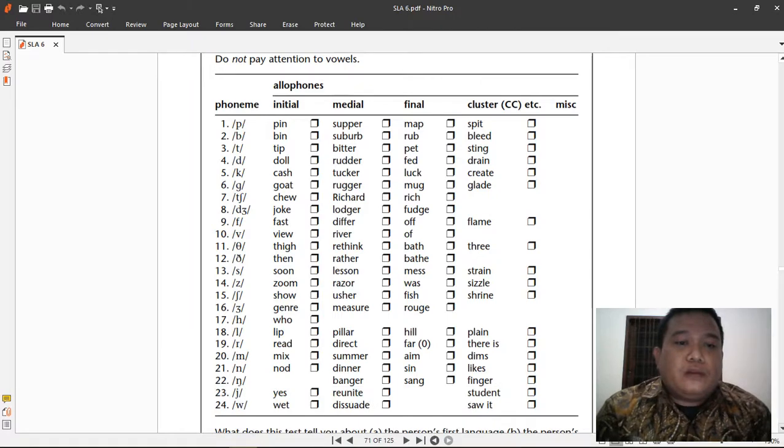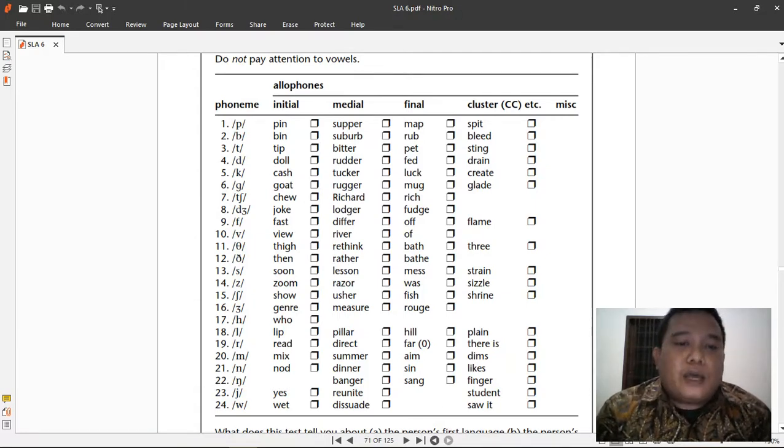Okay, so here we have the phonemes. Firstly, it is p. We don't read this as the alphabet letter; in phonemes we call it p. The second is b, and the third is t. T, simple t, not ch. It's only t like that.